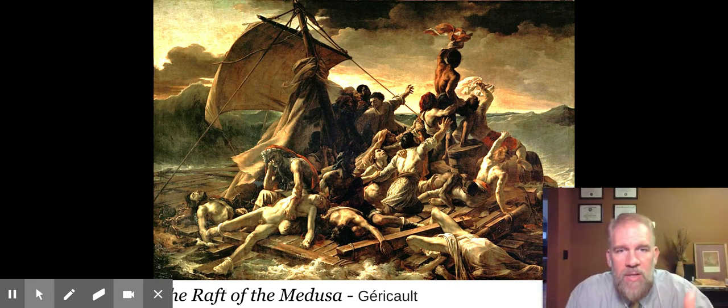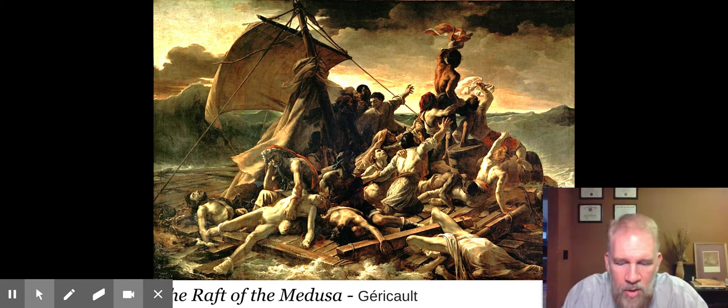Speaking of the figures, in this image you've got a group of about 20 figures on a raft. The raft is makeshift and sloppy. It's not like a solid boat. It's a hastily assembled raft.